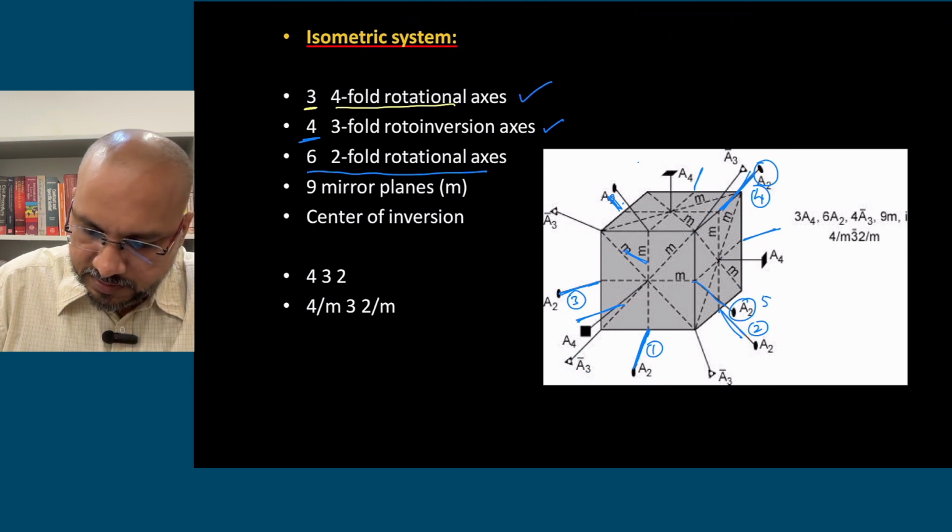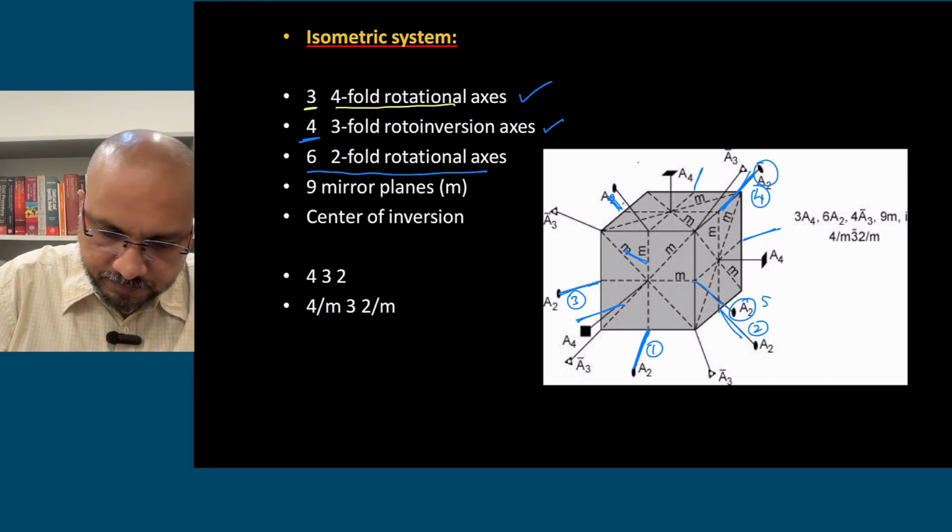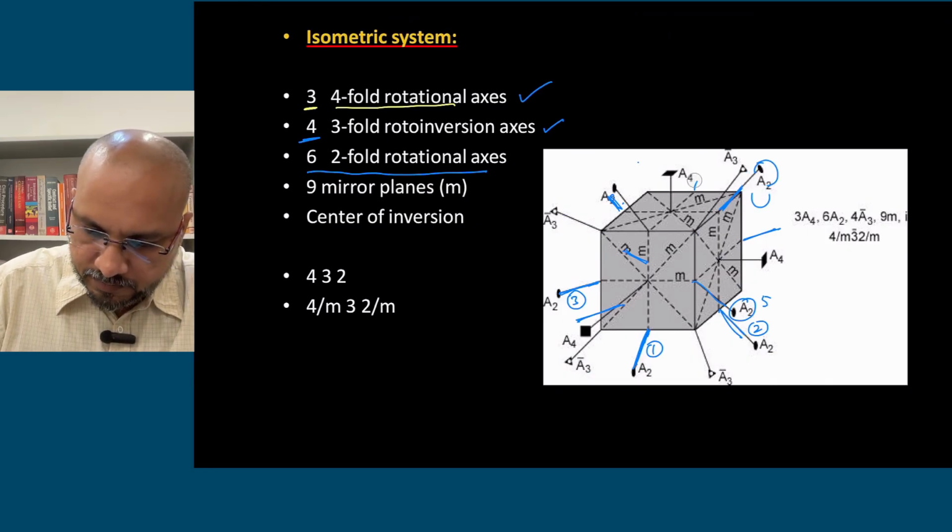And where is the sixth one? So there are 6 in total. 6 two-fold rotation axes are there.